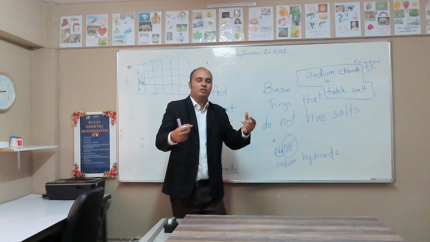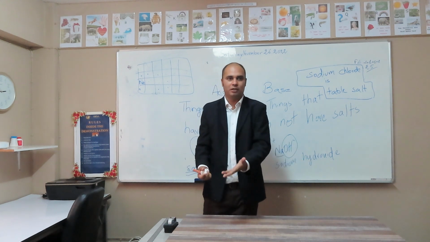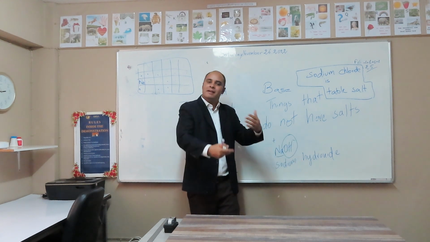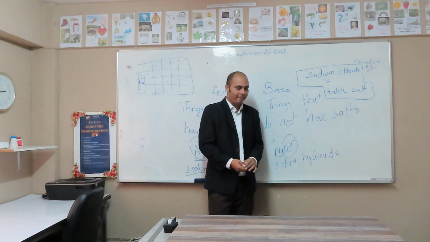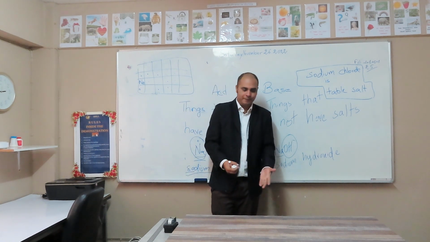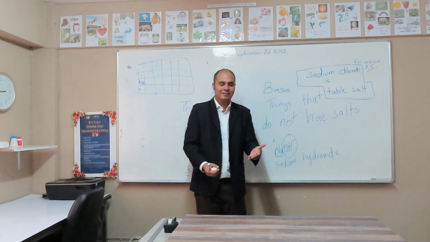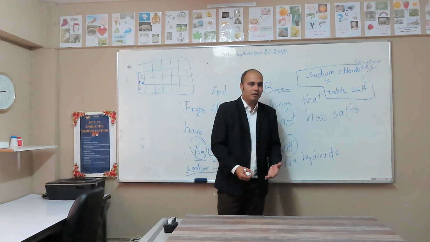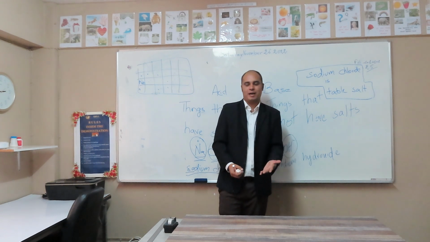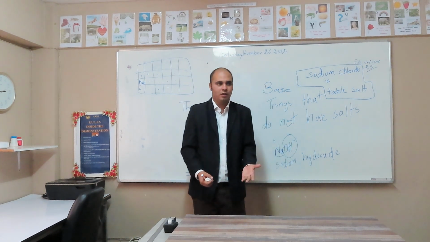Because our body has salts, our body has sugar. And when we live every day in our life, our body is made up of salts, we can say. So how can I say that our body is made up of salts?